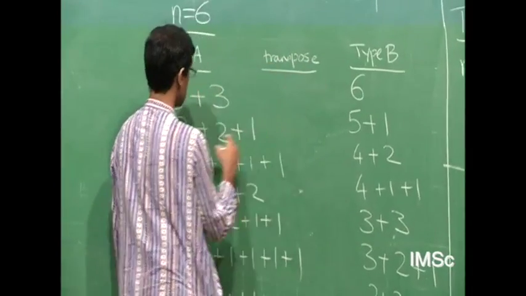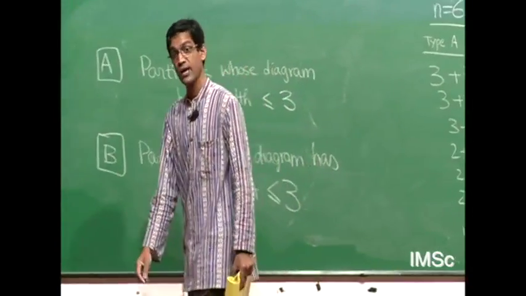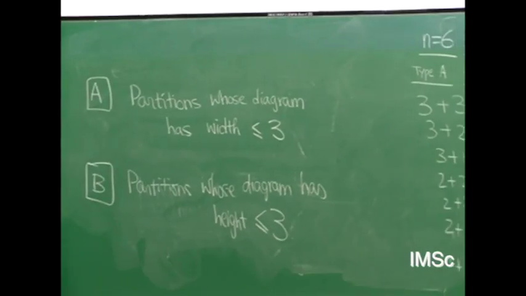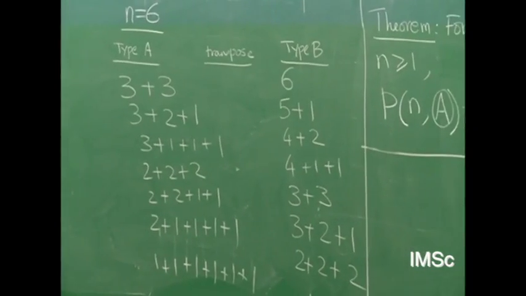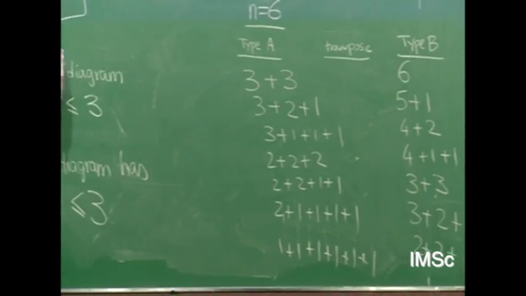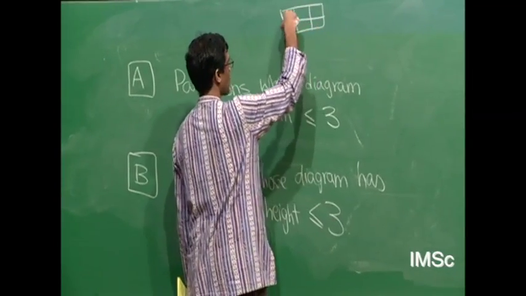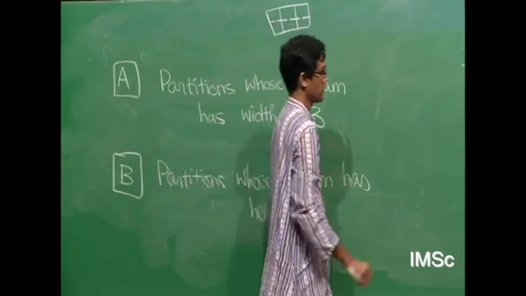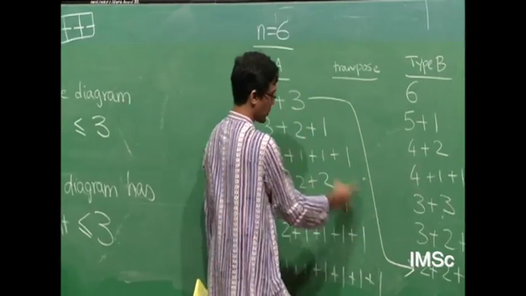What is 3 plus 3 transpose? 2 plus 2 plus 2, right? Let's just do 1 or 2 on the board. So 3 plus 3 looks like this. Now I should read it along the columns, 2 plus 2 plus 2. So that's this. Transpose of this fellow is that fellow.